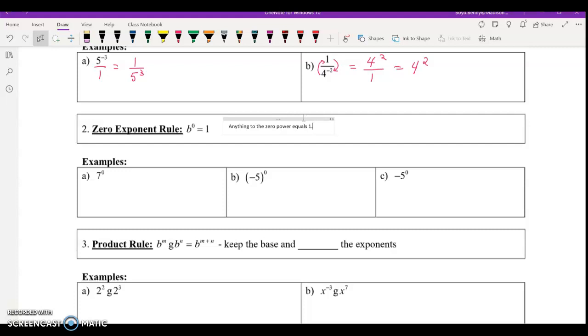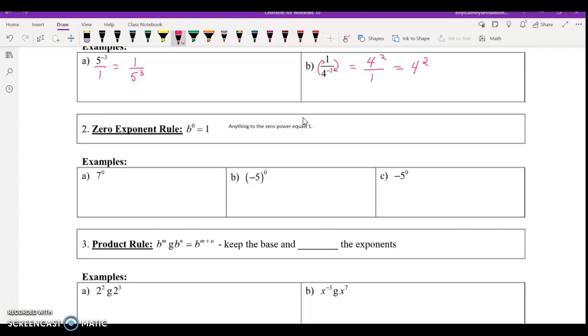Okay, that might not make sense to you right now, but go ahead and memorize it. Anything to the 0 power. Now, it's also important to note, we talked about this last lesson, that the exponent only affects what's just to its left. Just what's to its left. So we'll look at an example where that affects what I'm talking about.